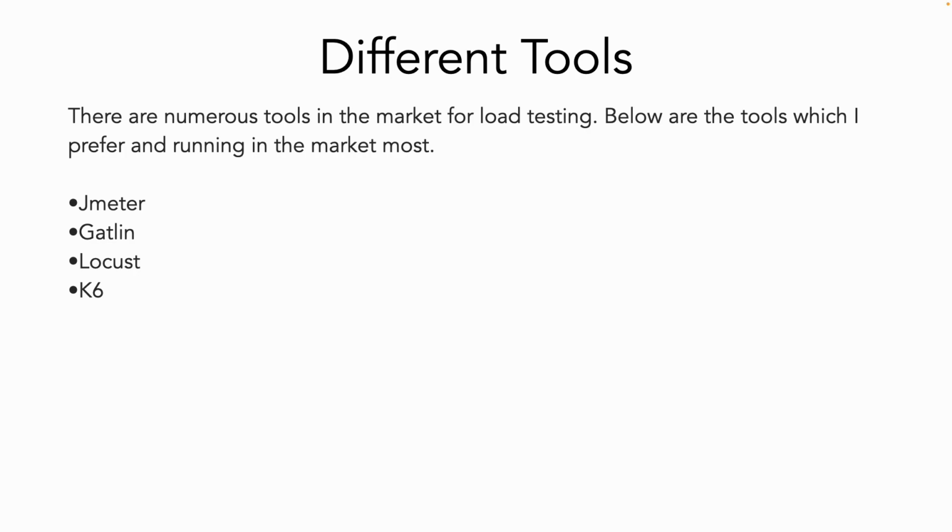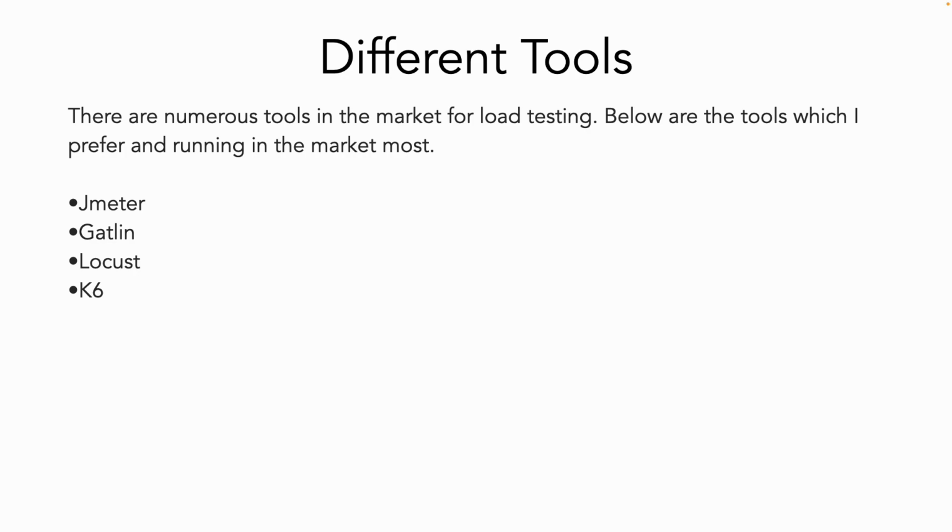This is a tool which I am using, and it is a good tool. Here we can write code as well, and it supports Java, Scala, and I think Python and JavaScript too. So you can use any of these scripting languages and write our load test scripts.